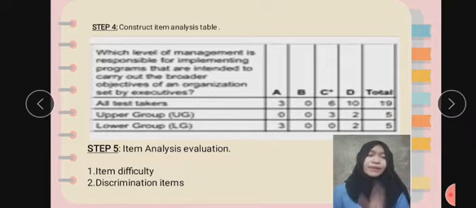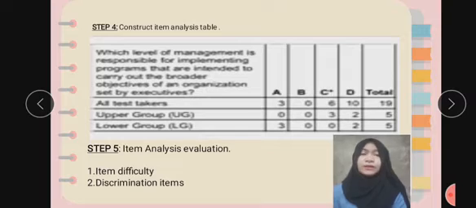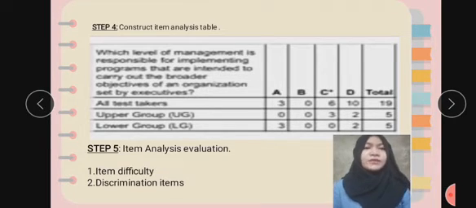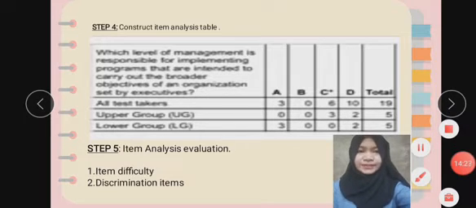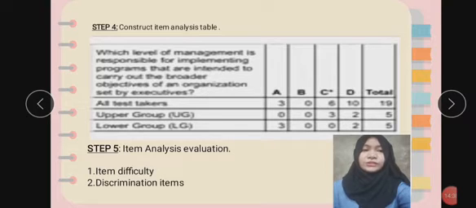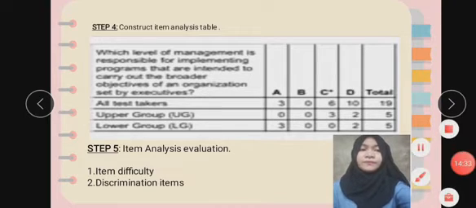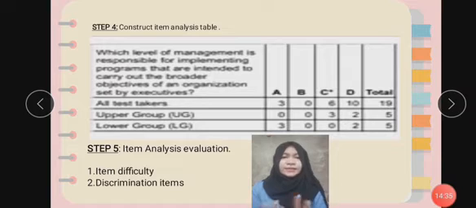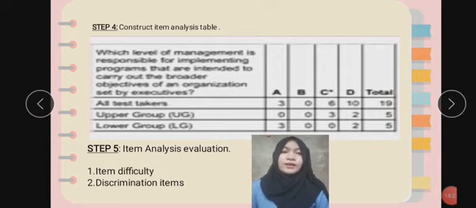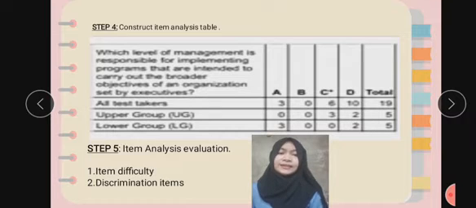Kumbaga, ito na yung process mismo ng pag-evaluate ng test. Na-collect mo na siya sa mga students, i-analyze mo na siya or evaluate. So, in item analysis, there are 2 parts, which are the item difficulty and discrimination index. Okay, so we will discuss this through types of analysis and two processes of evaluating the item analysis.